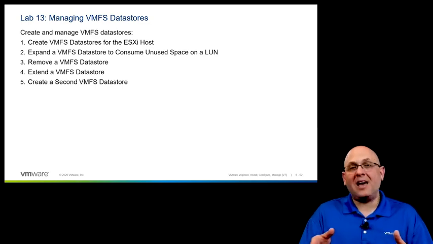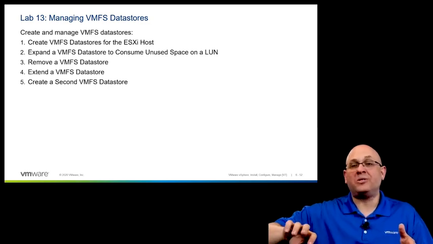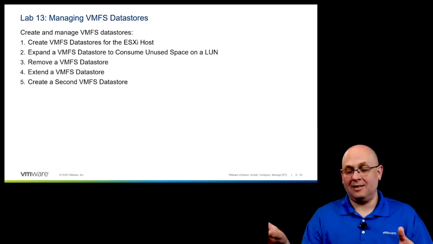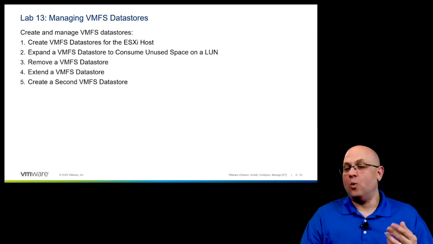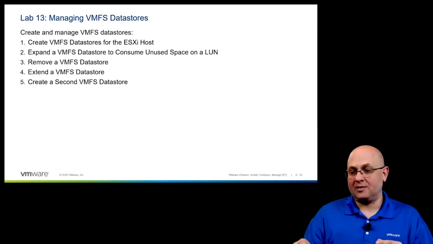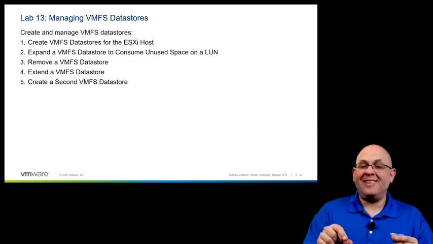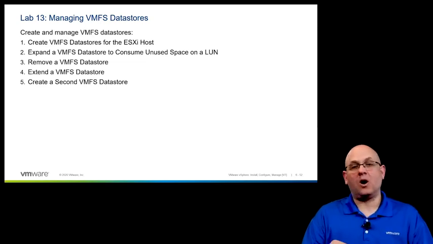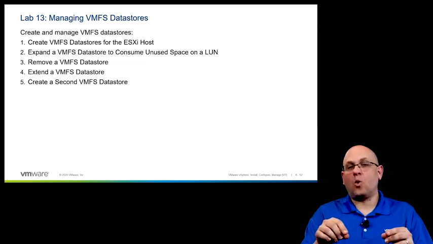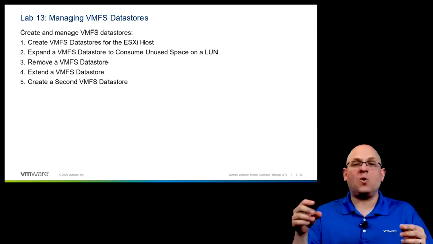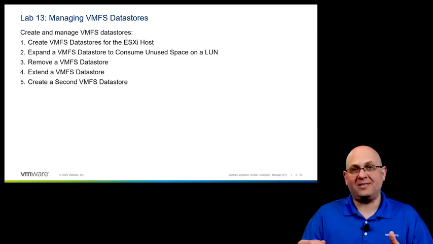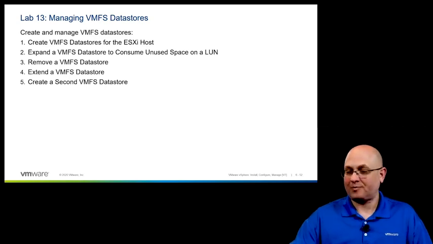We'll expand that VMFS data store to use more of the LUN that happens to be available. We'll then delete a VMFS data store. We'll then extend a VMFS data store, and then we're going to create a second VMFS data store where we're going to actually put a bunch of virtual machine files.